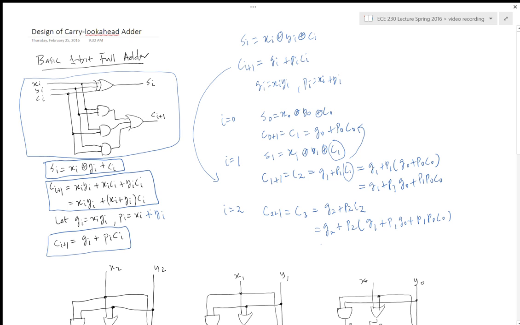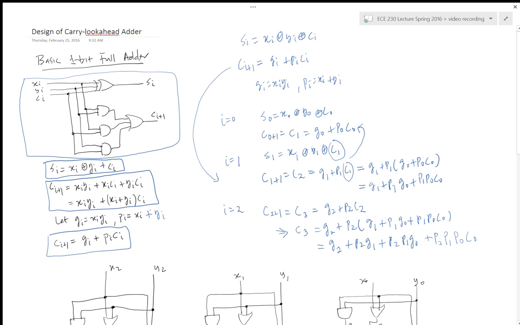Okay, so now C3 is G2 plus P2 G1 plus P2 P1 G0 plus P2 P1 P0 C0.